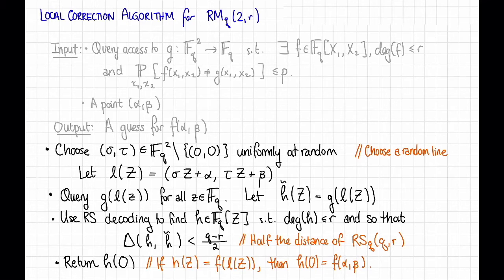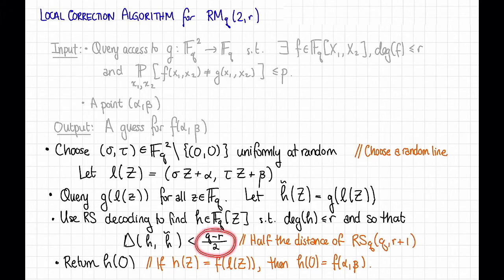So we're going to use a Reed-Solomon decoder to find some low-degree polynomial h, which has degree at most r, so that the Hamming distance between h and h twiddle, aka the number of points on which h and h twiddle take on different values, is strictly less than (q minus r) divided by 2.